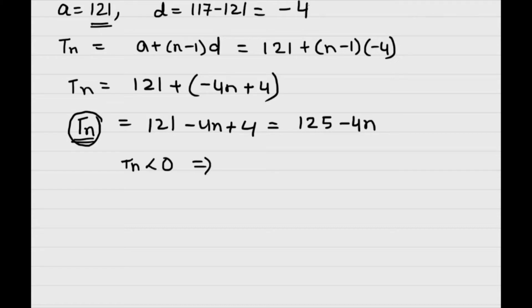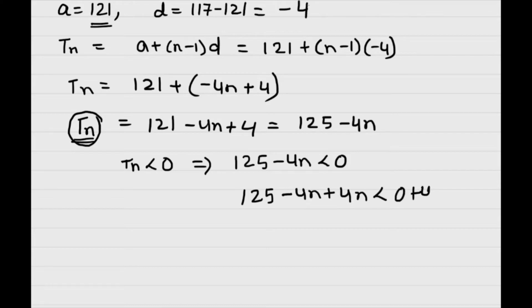This says that 125 minus 4n must be less than 0. So you add plus 4n on both the sides, it will be less than 0 plus 4n. So you can cancel minus 4n plus 4n, and you are getting 125 less than 4n.